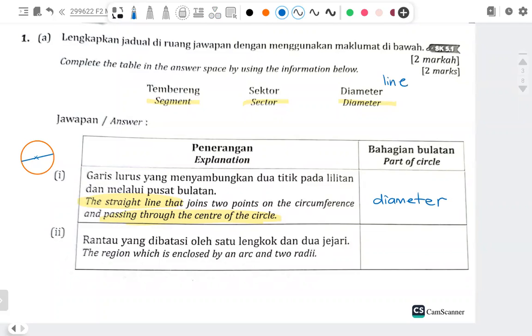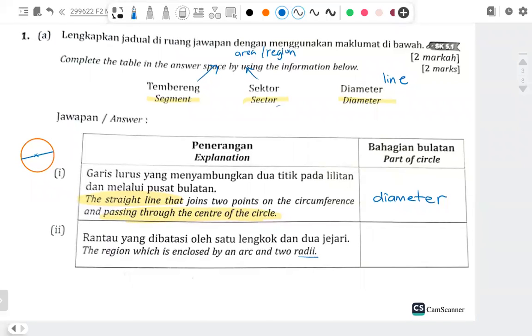Whereas segment and sector are referring to area or region. So the second one, the region which is enclosed by an arc and 2 radius. Radius, R-A-D-I-U-S, similar.